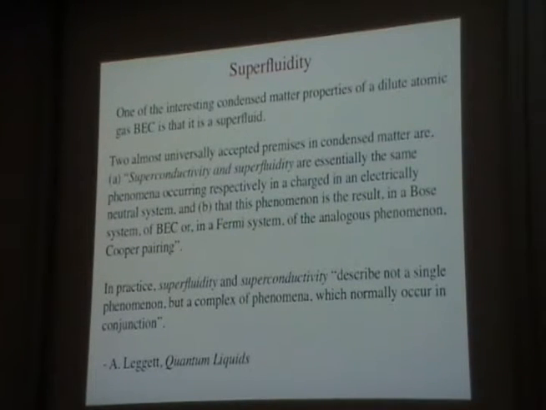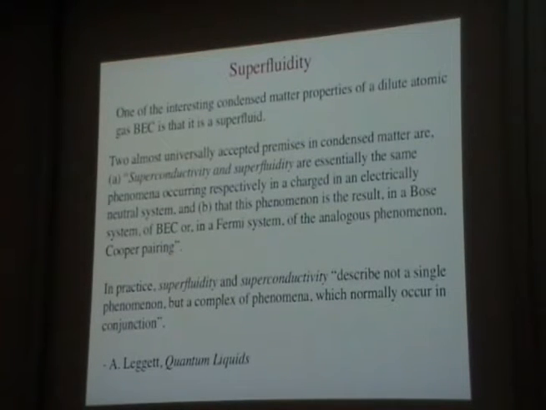In the case where you have fermions like electrons, you have a process like pairing of electrons, like Cooper pairing in a superconductor, that results in a composite particle that behaves like a boson, and then it can undergo Bose-Einstein condensation. In addition, superfluidity, and also superconductivity, is not really a single phenomenon, but a suite of phenomena that normally occur in conjunction.